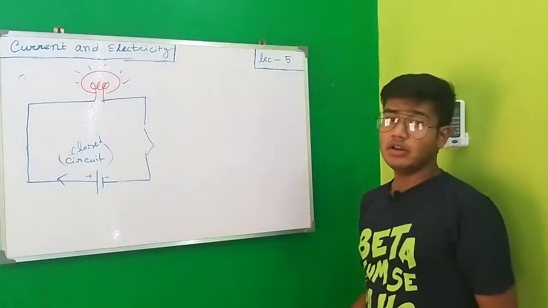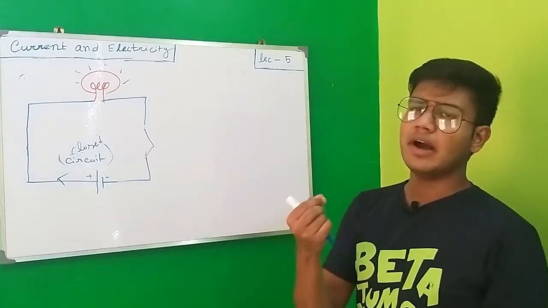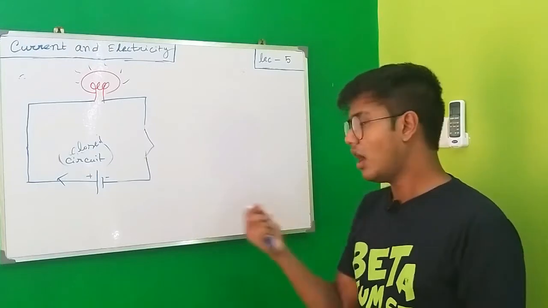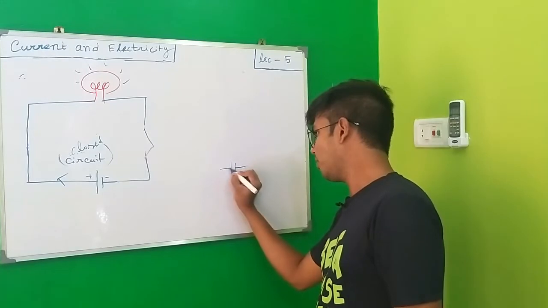So that is how to construct a circuit. Now we will check another one: how we can build a circuit using a resistor. For a circuit, you have to draw a battery first.